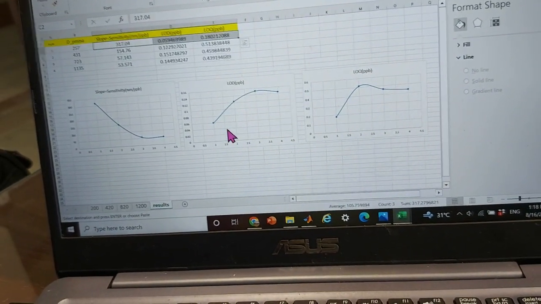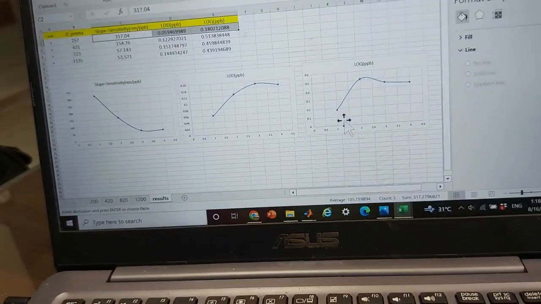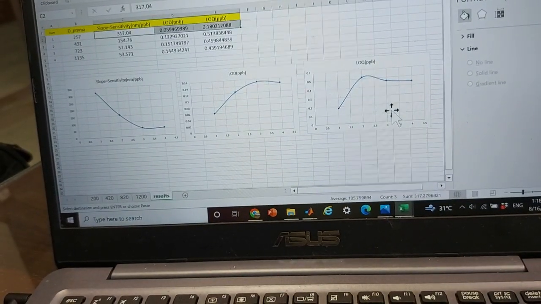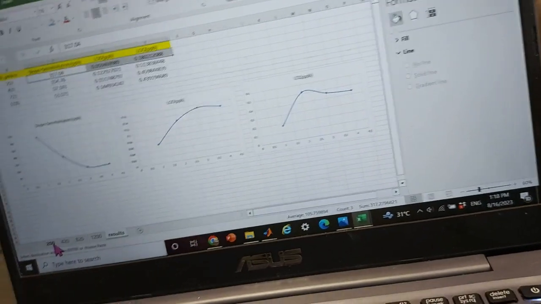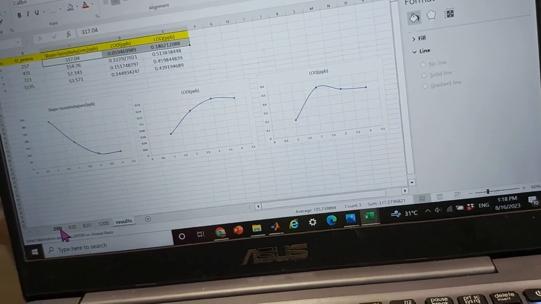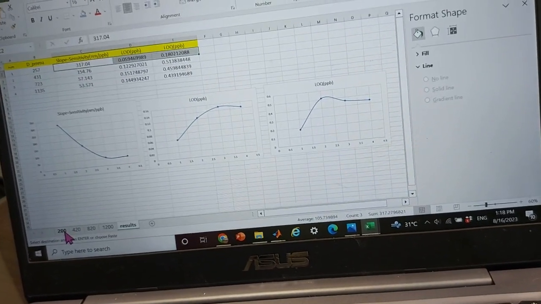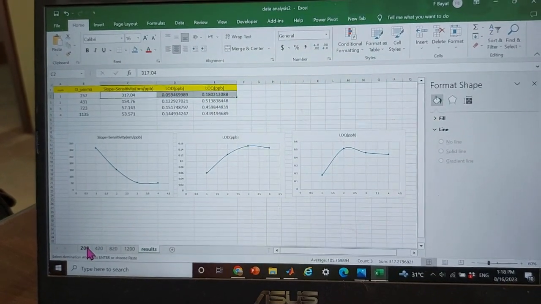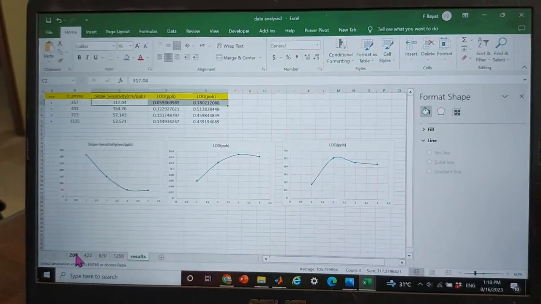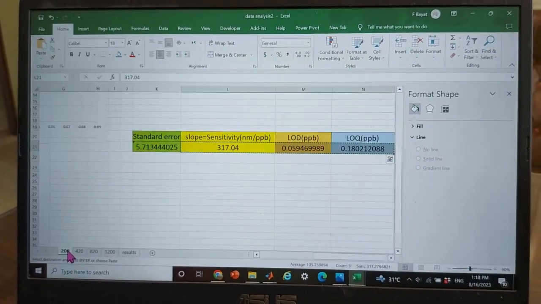And here you see the limit of detection, here you see the LOQ, and the inverse limit of detection, the inverse of the sensitivity. Of course, the higher the sensitivity, the less amount of melamine you can detect.